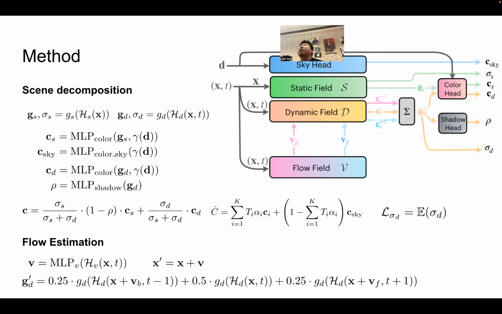Yeah, that's a good question. I think with the dynamic field you already know the actor position at the previous time and the current time, just not explicitly. Given the position x and the time t, you directly get the features. It does not explicitly tell you what the position of this point was at the previous or future time.